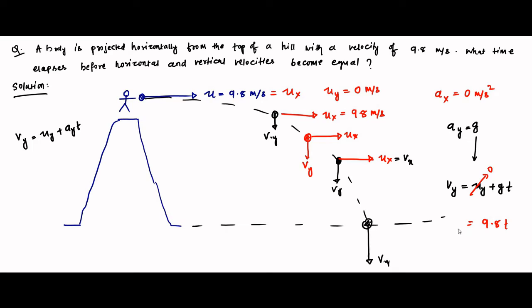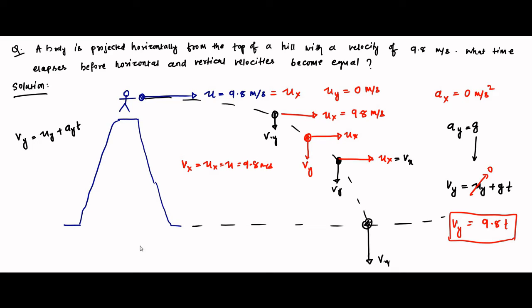This is the expression of the intermediate velocity of the vertical component. We want the time instant where both horizontal and vertical velocities become equal. Horizontal velocity is always constant, u, equal to 9.8 meter per second.